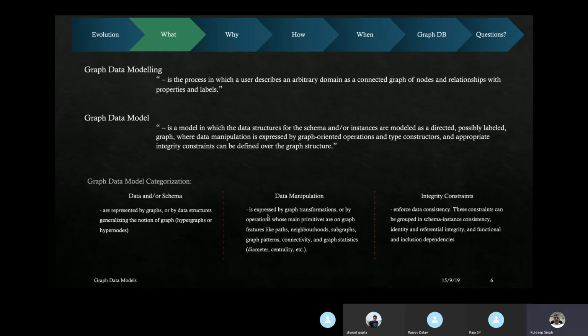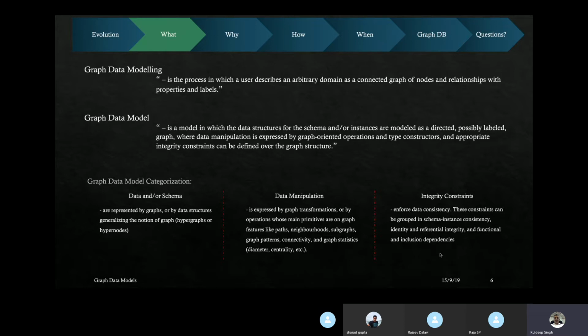That's the second category. And the third category would be integrity constraints. If you want to update something, we can put a small graph model so that all the updates go through that graph before the actual thing is updated.